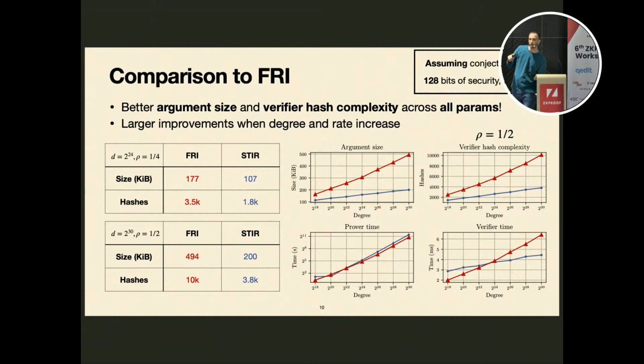Any questions about the comparison? Yeah. So this comparison refers to the standalone setting, no? Have you tried some recursion? What happens if you try to do recursion of this? That's an excellent question.